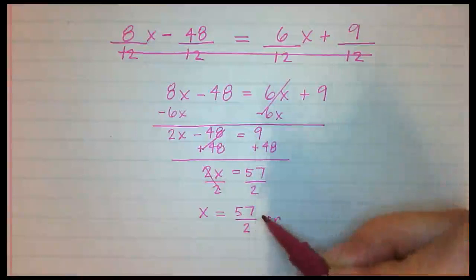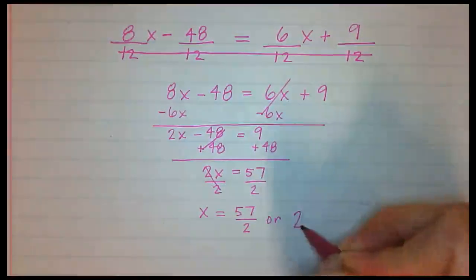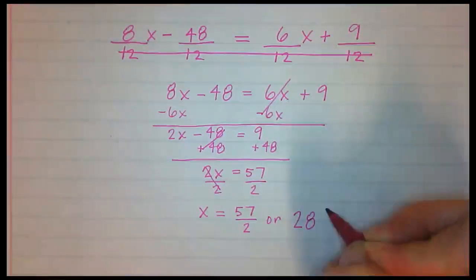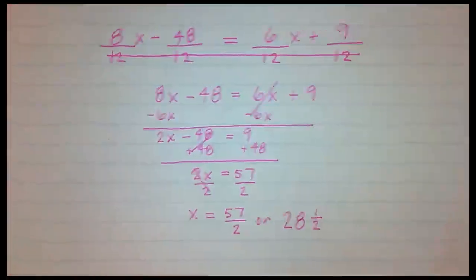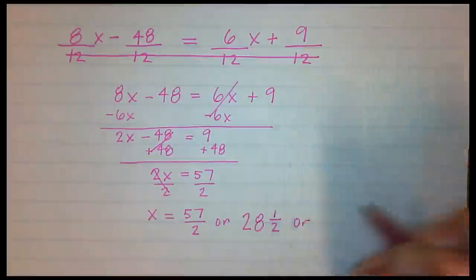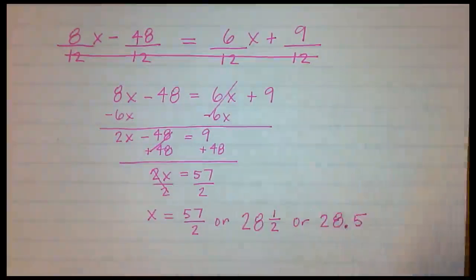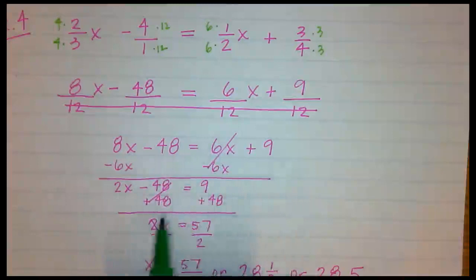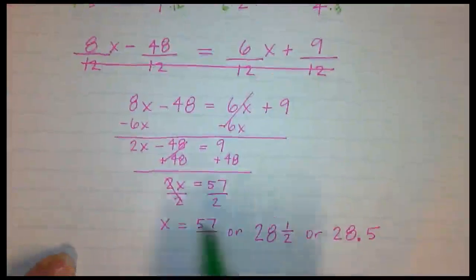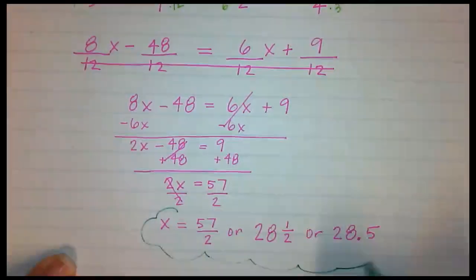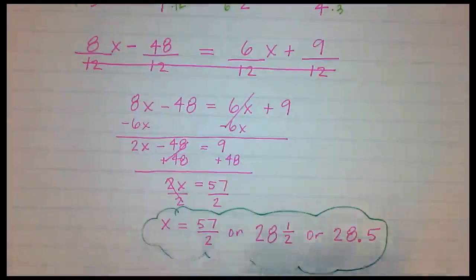So 2 will go into 57 28 times with 1 left over. Or we could make it into a decimal, which would be 28.5. So if we were to solve, it doesn't mean that we won't get a fraction or decimal as an answer. We just didn't have any fractions or decimals while we were solving. So your answer can still be a fraction or a decimal.